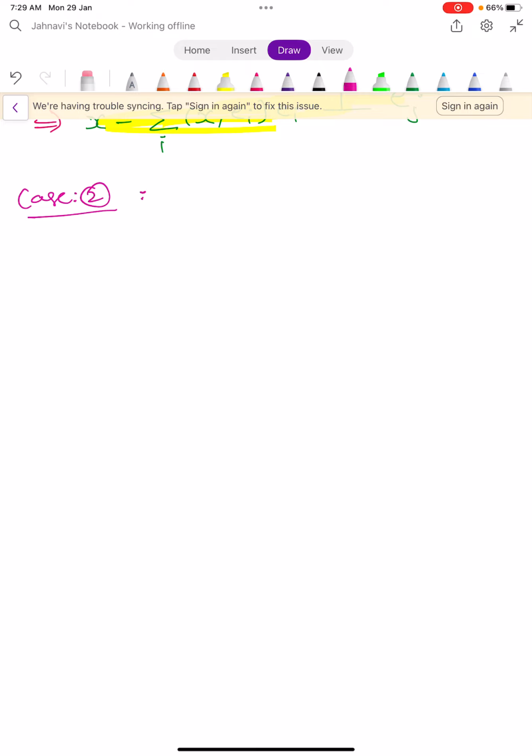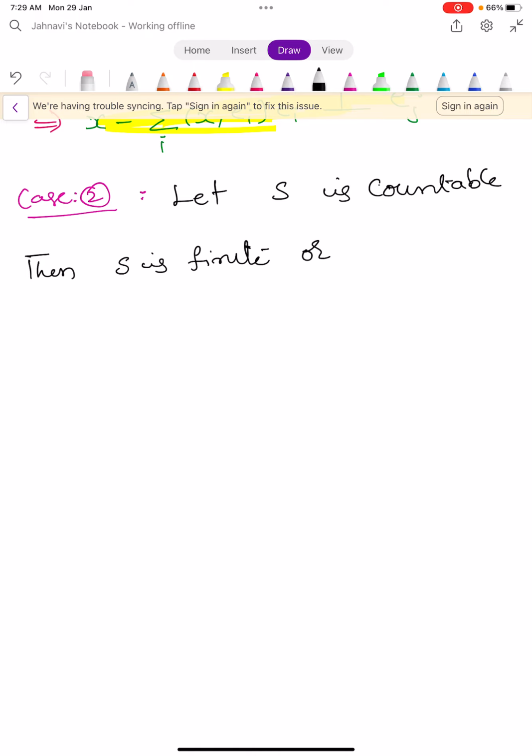We said that S may be empty or S is countable. It means here the set S is countable. Let S be countable. S is countable means again there may be two possibilities: S is finite or countably infinite.